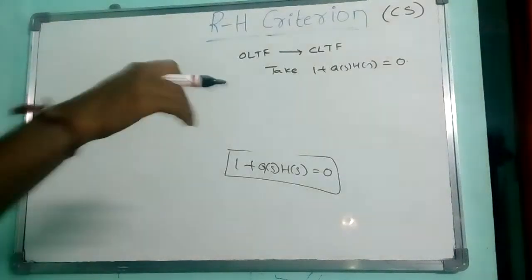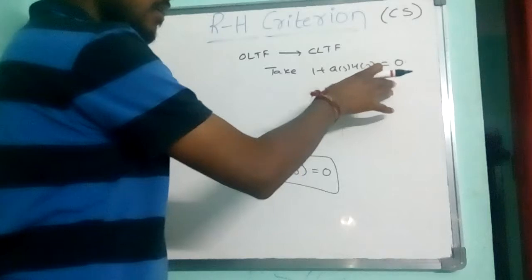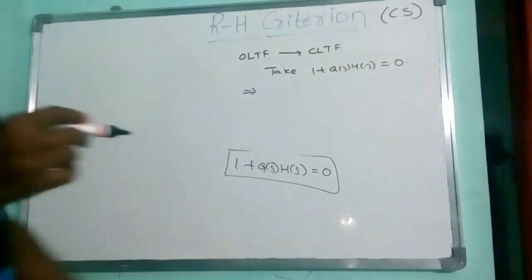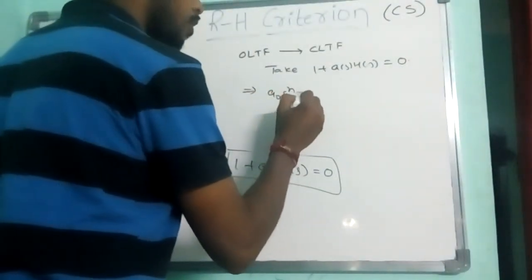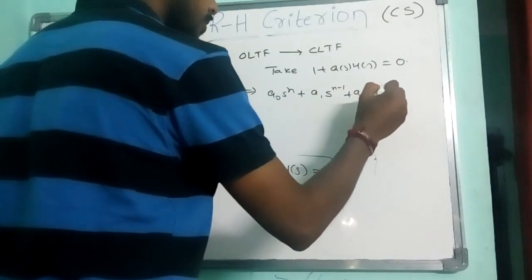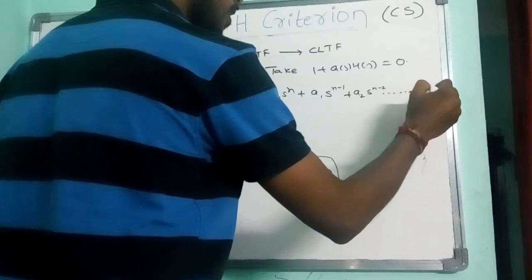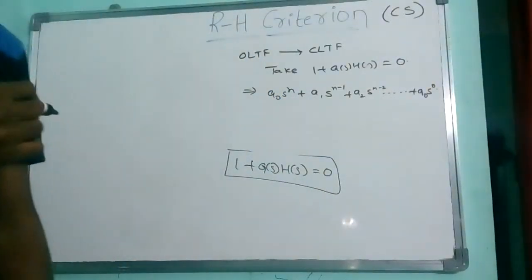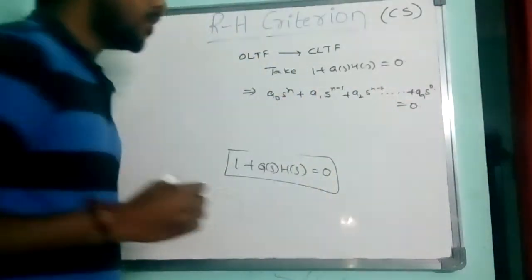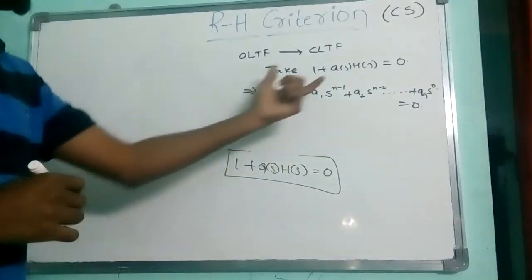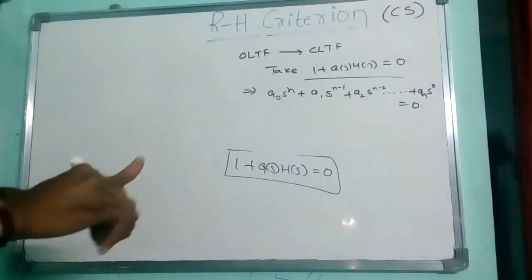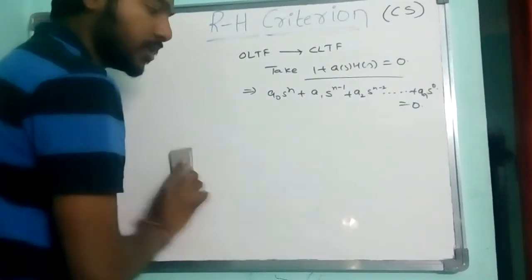After doing this, the equation we get is a polynomial of this kind, a_n s^n and so on up to a_0 s^0, equal to 0. From this, we will write the table called the Routh table.